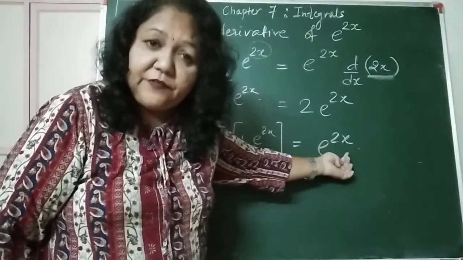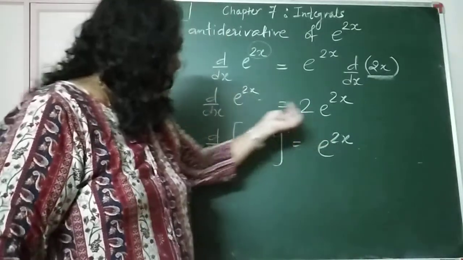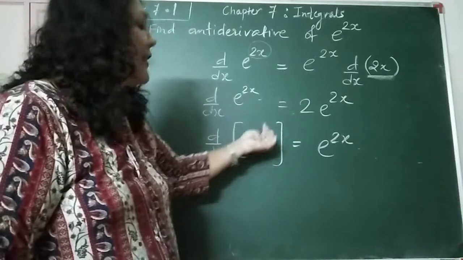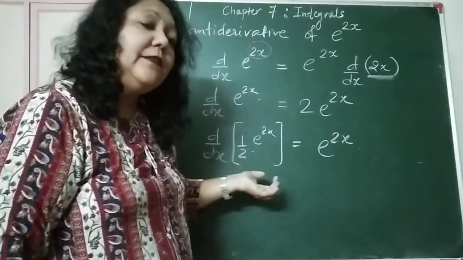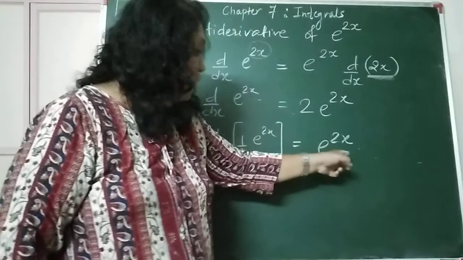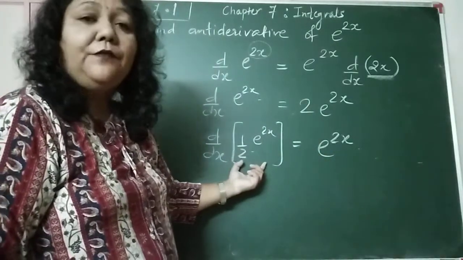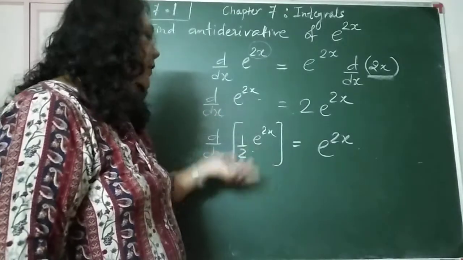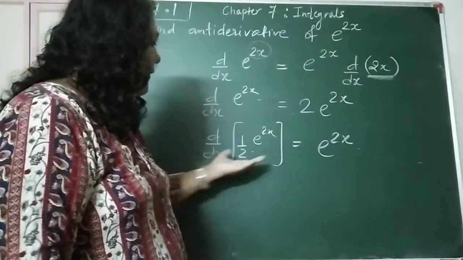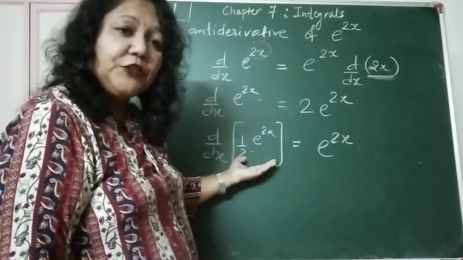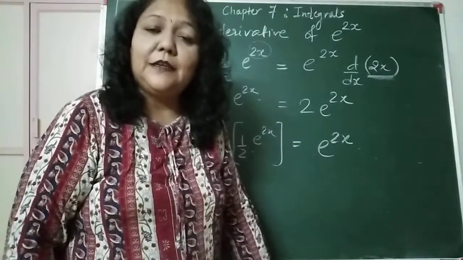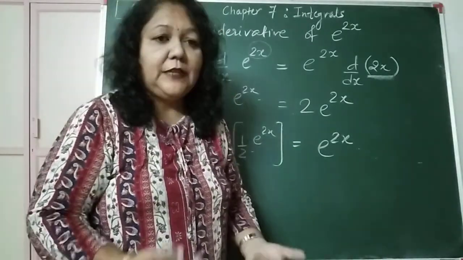So antiderivative of e raised to 2x is 1/2 e raised to 2x. So in other words, if you integrate e raised to 2x, what will be the answer? The answer will be 1/2 into e raised to 2x. So in other words, antiderivative of 1/2 into e raised to 2x is e raised to 2x. Let's move to the next question.